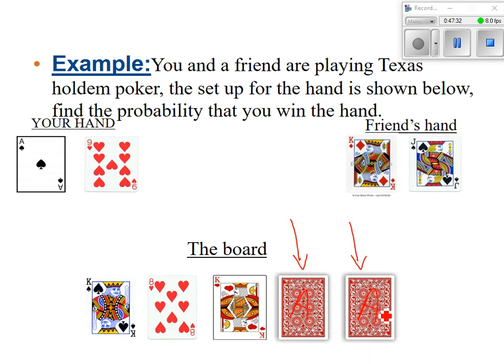Anything else comes up in there, they're going to win. So what's the probability that we get an ace and another ace on those 2 cards? Well, there's already 1 gone. So what's the probability of getting this next card here being an ace? 3 out of. Now let's count up and see here.